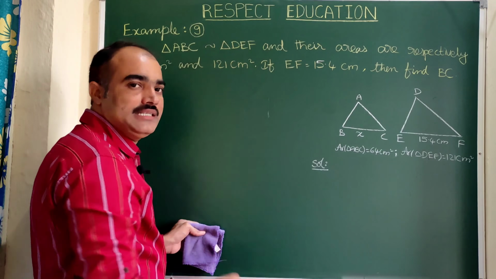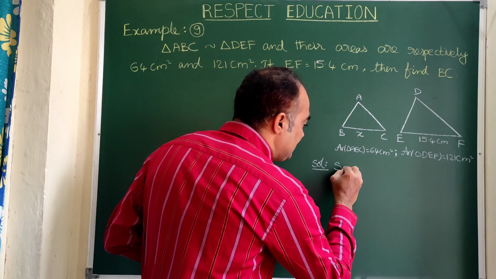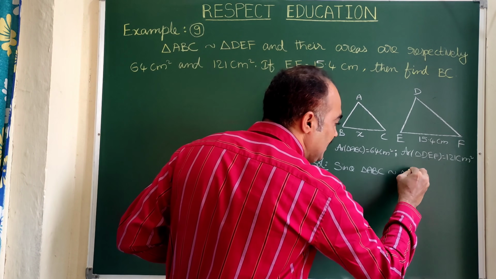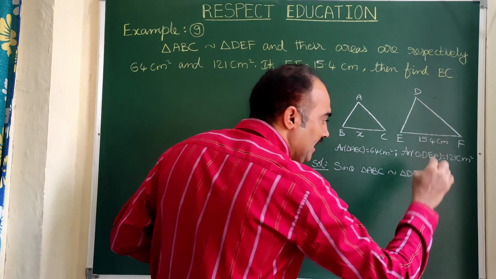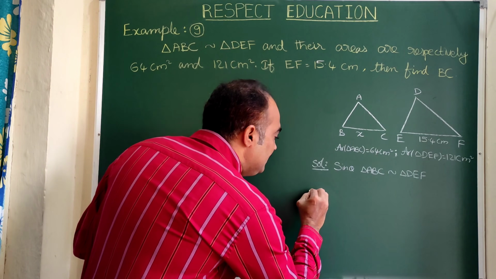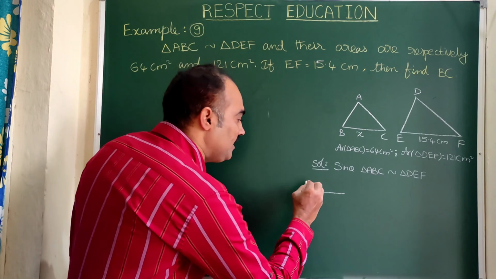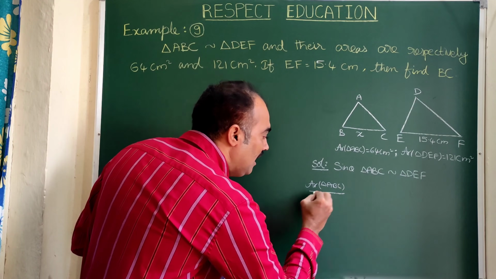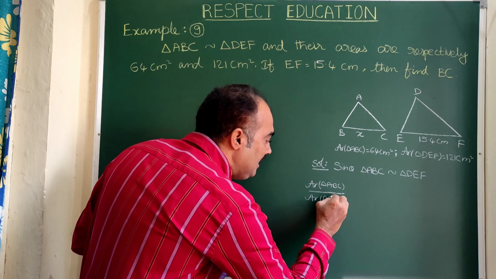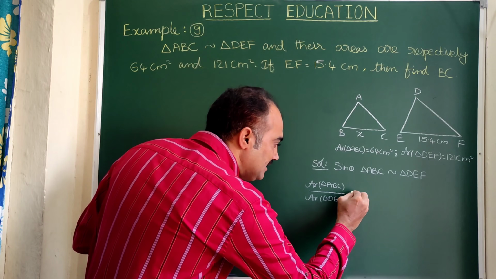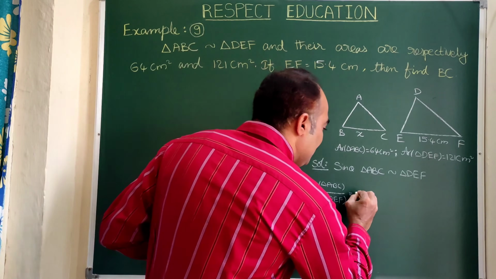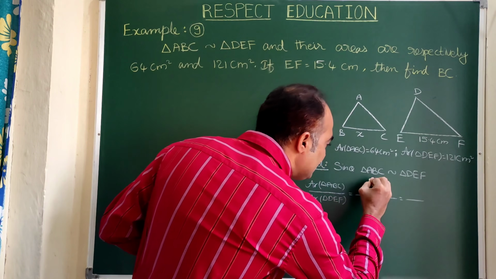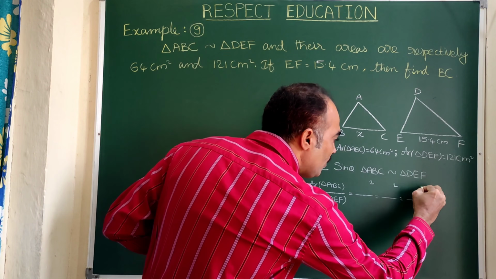Since triangle ABC is similar to triangle DEF, as we know, the ratio of the areas of triangle ABC and triangle DEF is equal to the ratio of the squares of their corresponding sides.